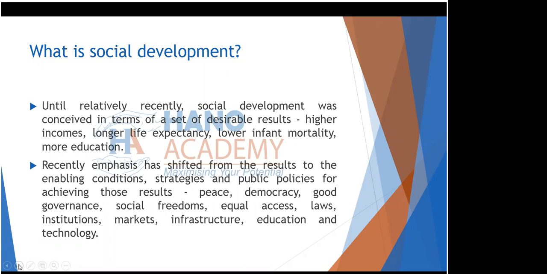We begin by saying that until relatively recently, social development was conceived in terms of a set of desirable results: higher incomes, longer life expectancy, lower infant mortality, and even more education.